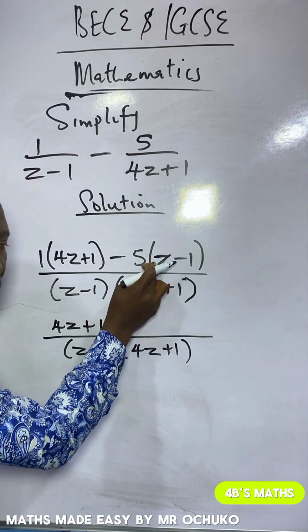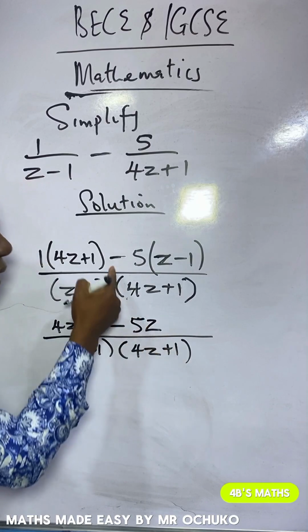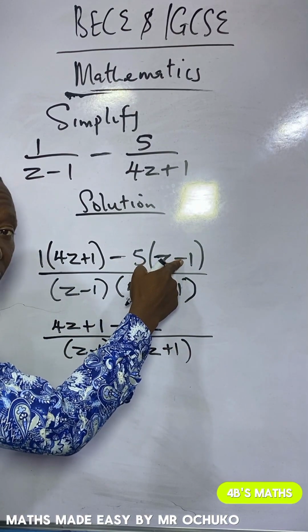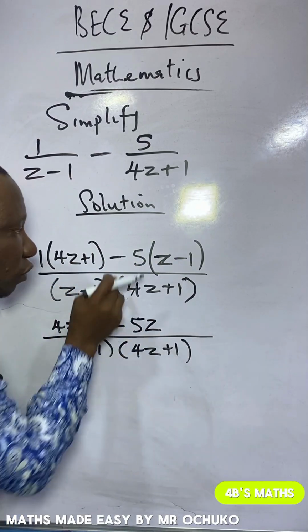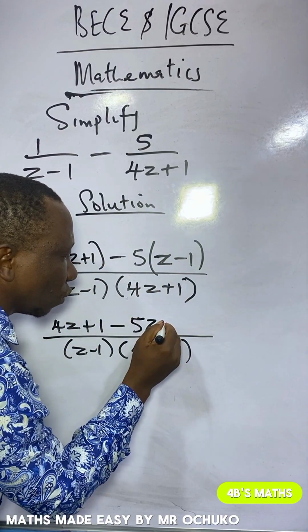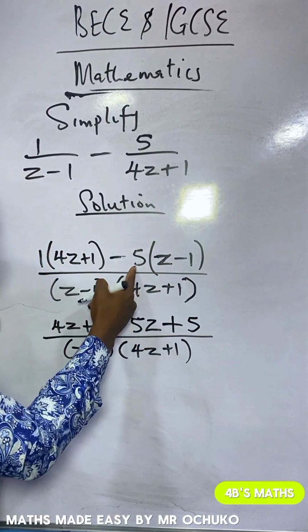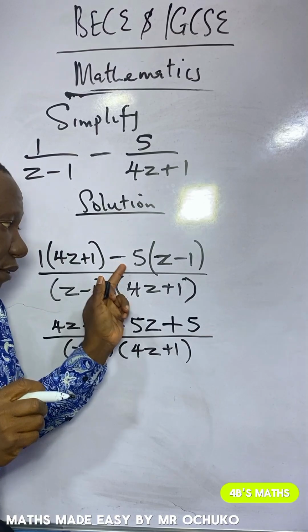There's a plus here. It is minus 5 times z, minus 5z. Minus times minus. When you have two negatives, same sign, it gives you a positive sign. Two same signs give you a positive sign. So minus times minus gives you what? Plus. 5 times 1 is 5. This is where the challenge is. You have to be very, very careful with that.